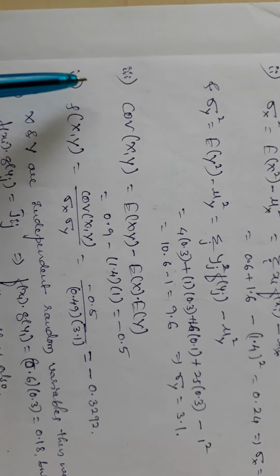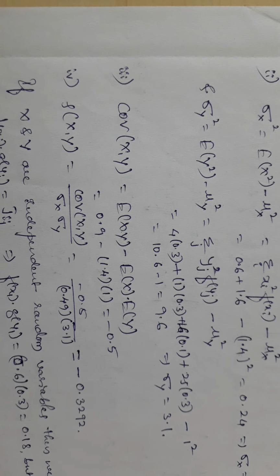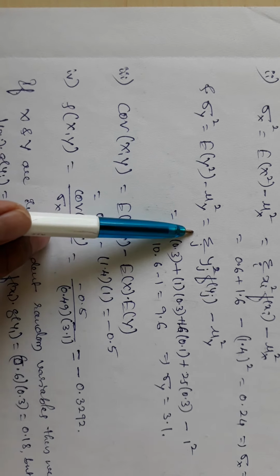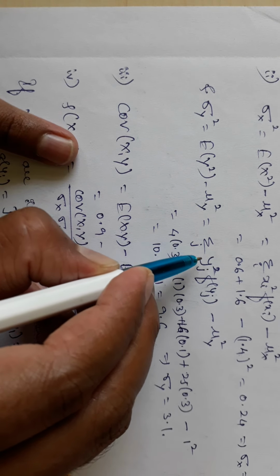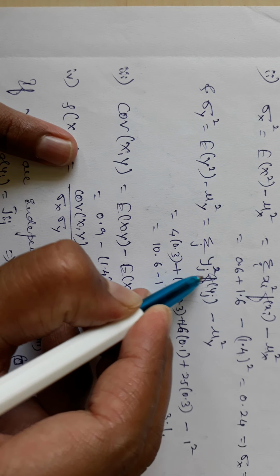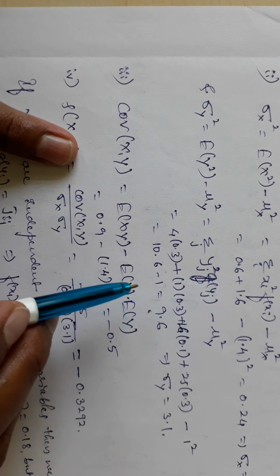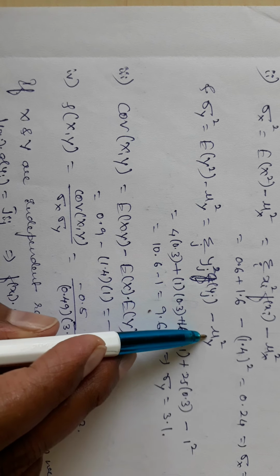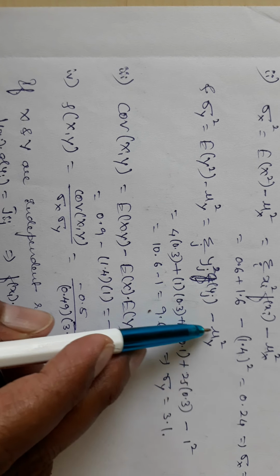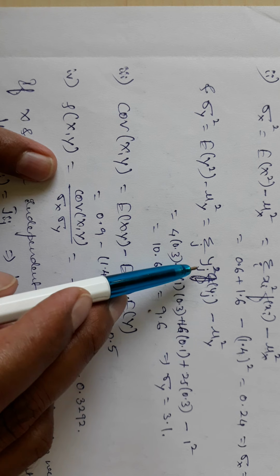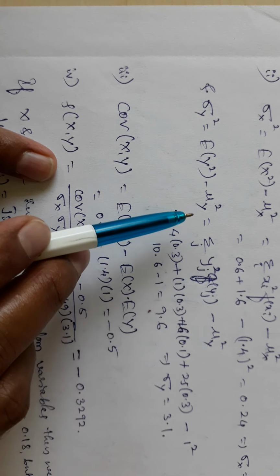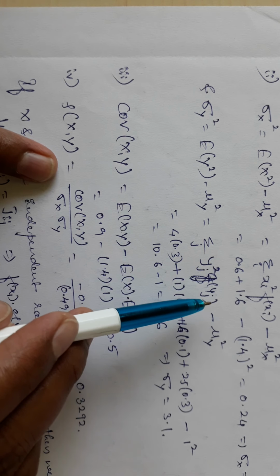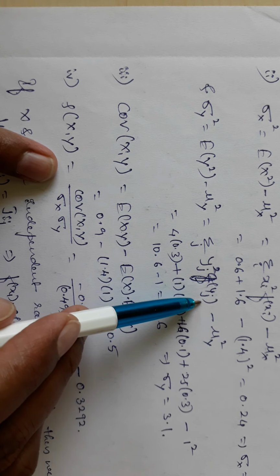Similarly, sigma y square, that is the variance of y. We have the formula in terms of y: summation of yj square into g of yj, minus mu y whole square. Already we have mu y, we only need to find y square into g of y, that is, for all the y values take the square and multiply by g of y.